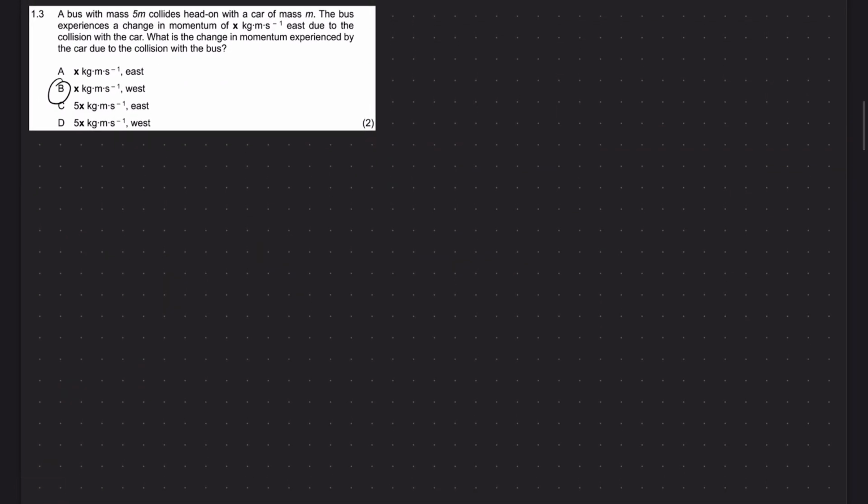Question 1.3. A bus with mass 5m collides head-on with a car of mass m. The bus experiences a change in momentum of x, east, due to the collision with the car. What is the change in momentum experienced by the car due to the collision with the bus? So if we had to sketch this out, it's not perfect, but let's say it's the bus. And let's draw a car.